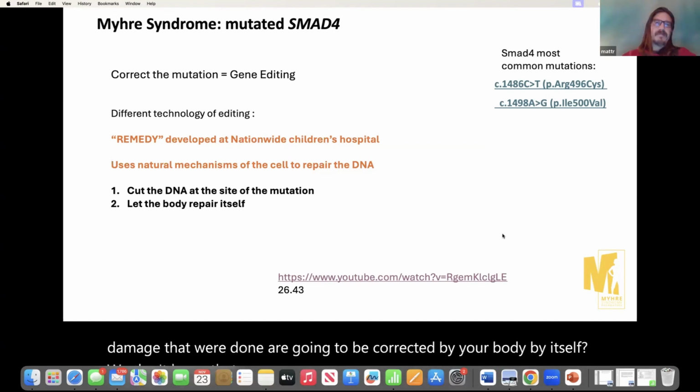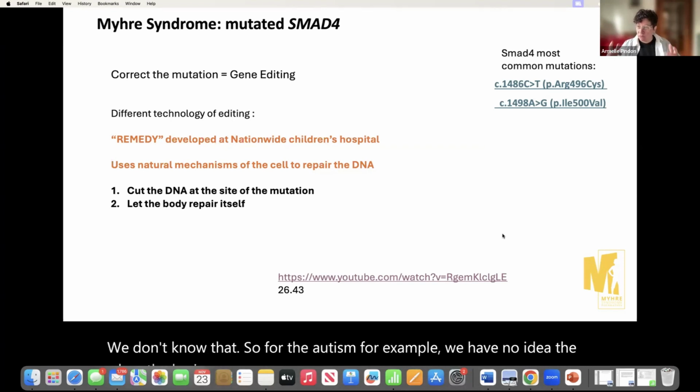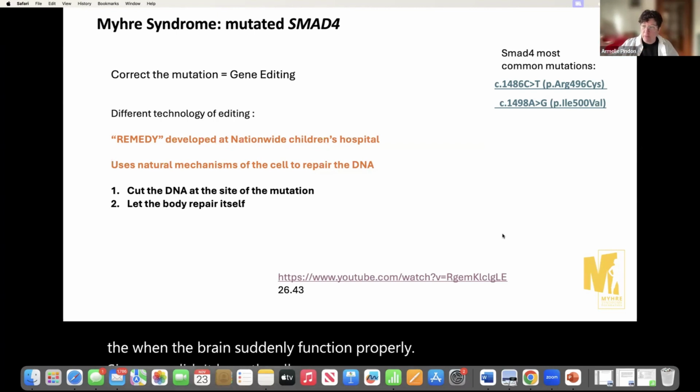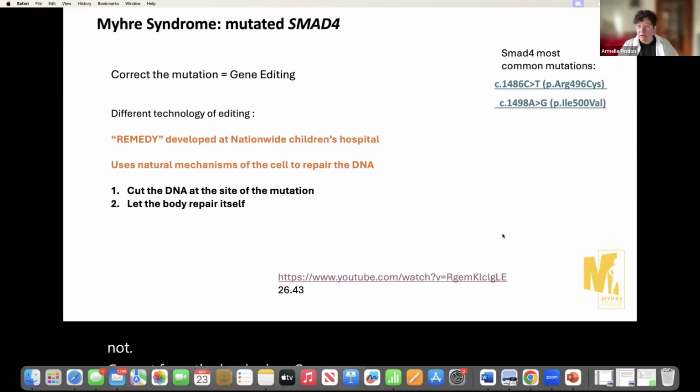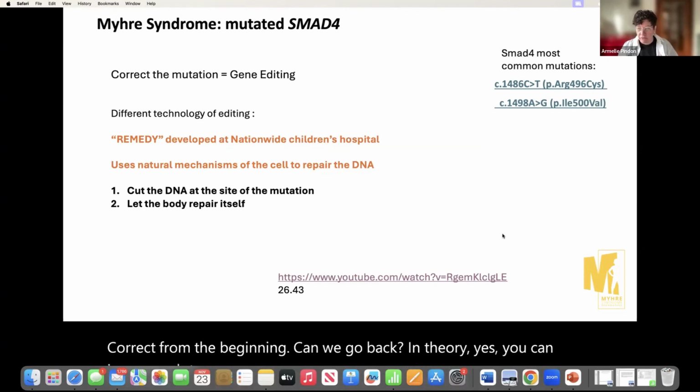For autism, for example, we have no idea when the brain suddenly functions properly, since the formation of the brain was not correct from the beginning. Can we go back? In theory, yes, it can improve a lot, but it takes a very long time for the brain to recuperate. And I'm going to talk about the brain just after that.